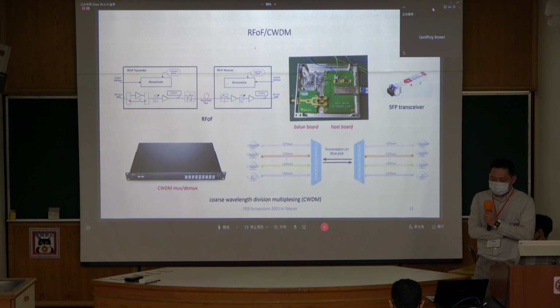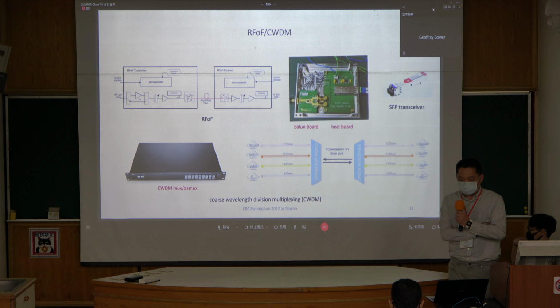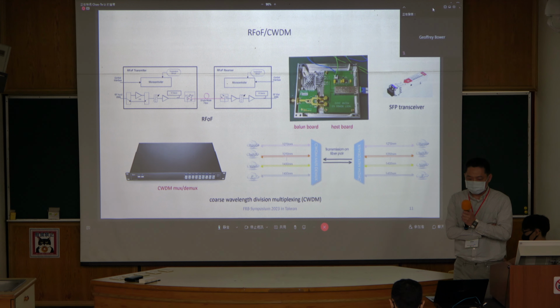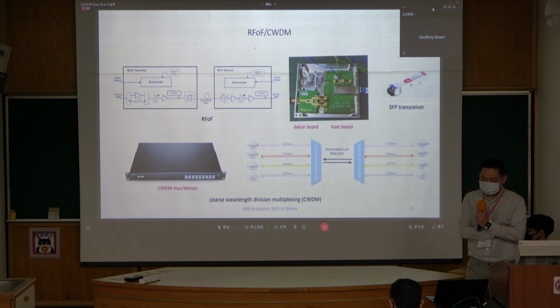For the data transmission, we are using coaxial cable at the moment, but we are developing RF over fiber to transfer signals to a place away from the site, so we don't have to worry about EMI issues from the digital electronics.